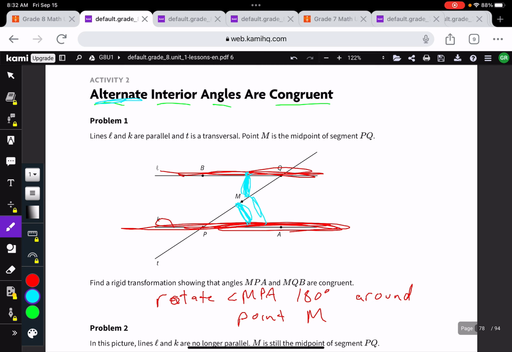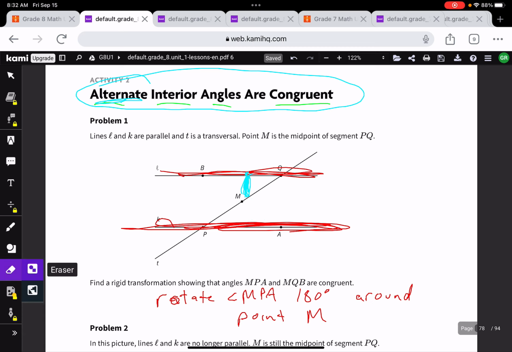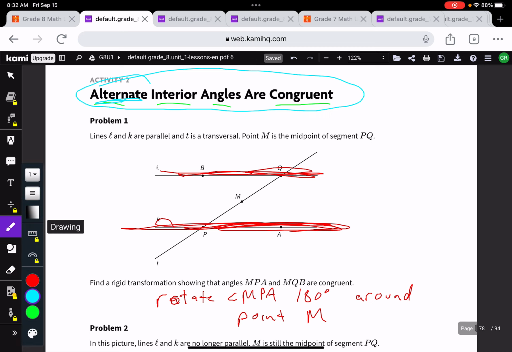So the fancy term for this is alternate interior angles are congruent. And you can prove that with rigid transformations, but you'll also notice in those last pictures, hey, if this was 30 degrees, guess what? This was 30, which means this is 30, this is 30, that's 150, that's 150, that's 150.